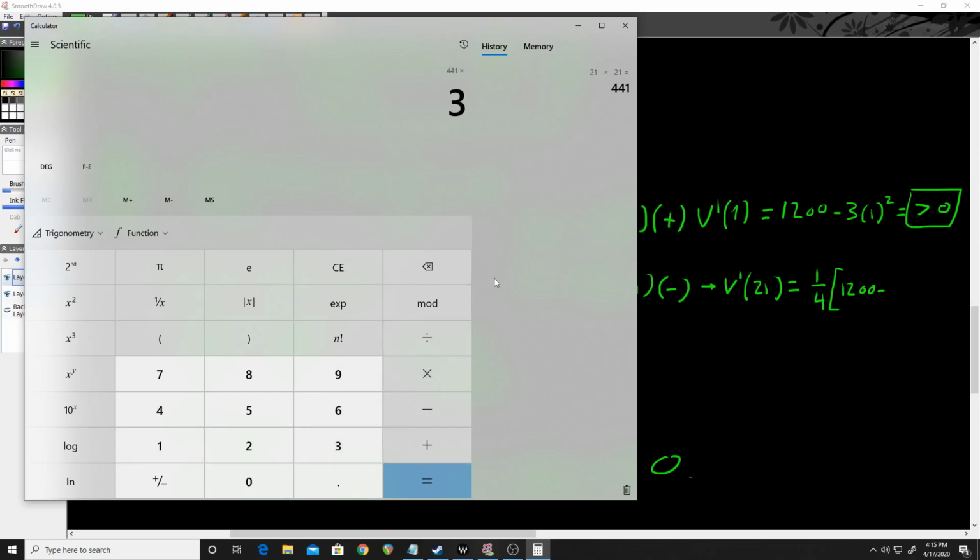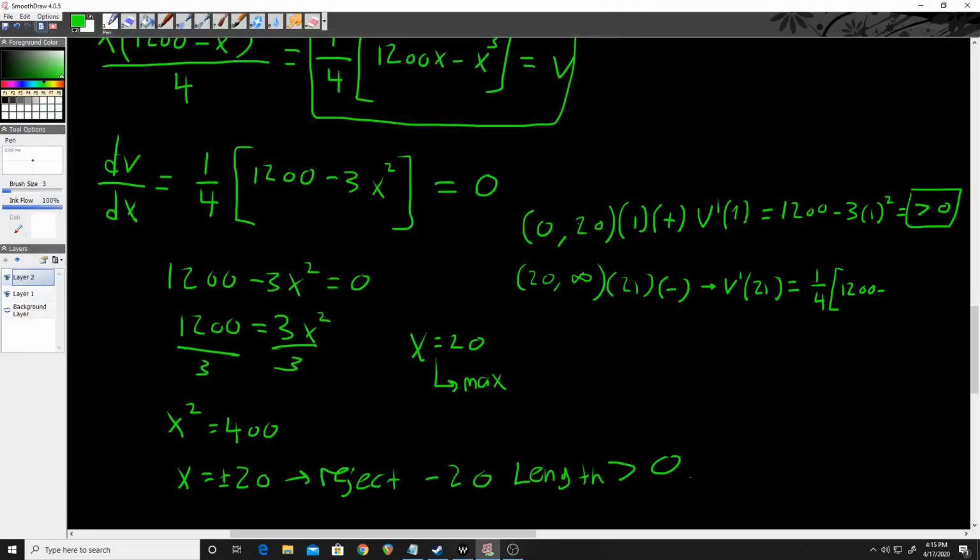Times 3 is 1323. Okay, so this is clearly a negative number, which is less than 0. Okay, so slope goes from positive to negative. That means, therefore, we have a max at x equals 20.